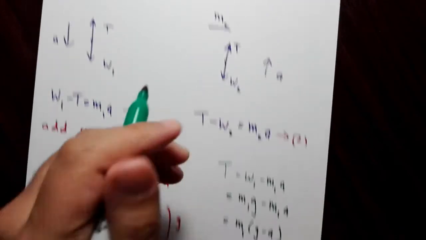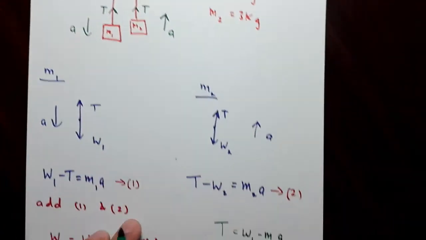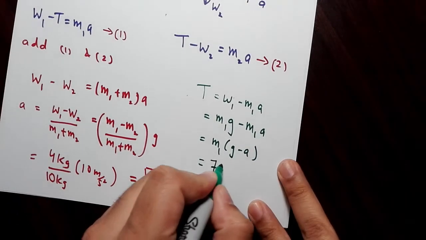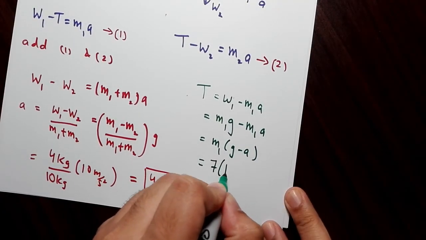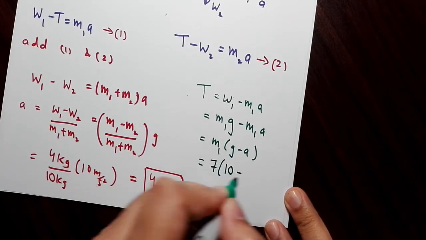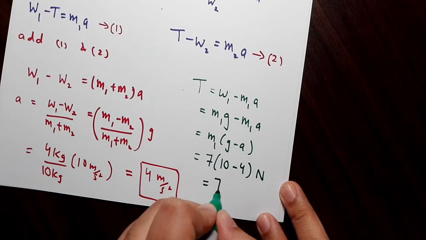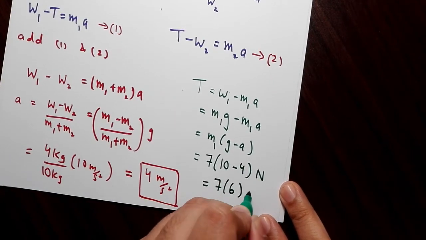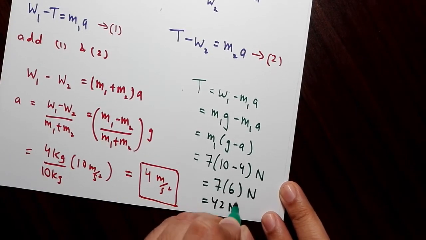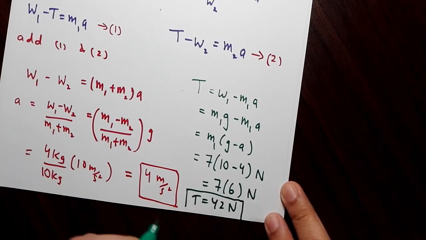M1 is 7 kilograms, so 7 times 10 minus a, which is 4 newtons, so you get 7 times 6 newtons, so 42 newtons. So that's your tension of the system.